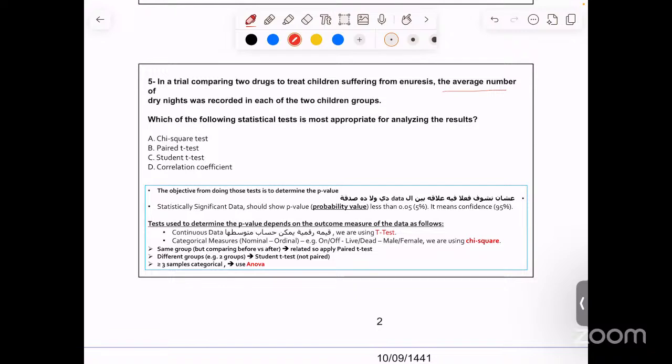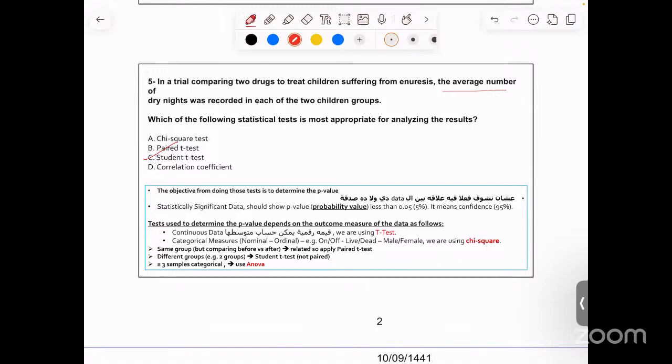The question is which statistical test should be used to analyze the average number of dry nights per month for the groups. What's the answer? It's the student t-test. Yes, you're correct.